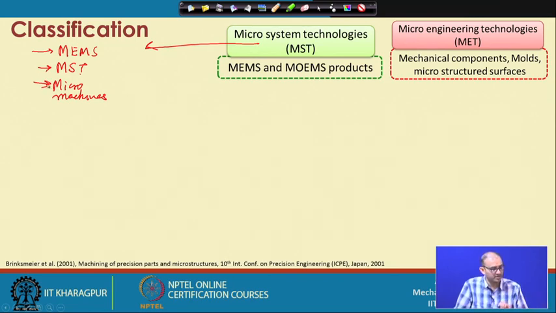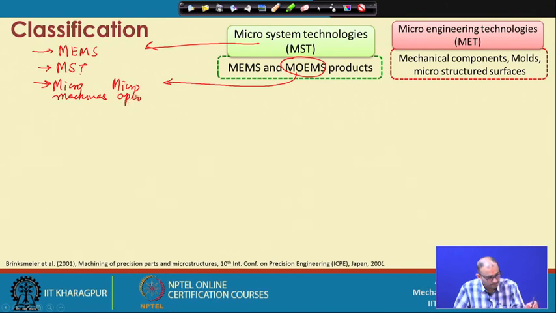But all three types come under the same domain, that is called MEMS. So, here under the MEMS product is the MOEMS. So, this is a micro opto electro mechanical system.